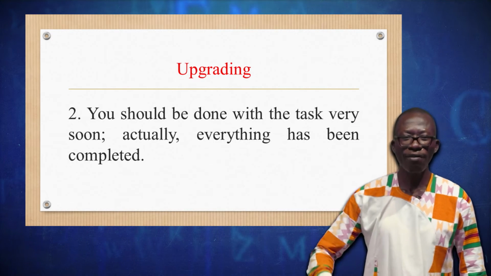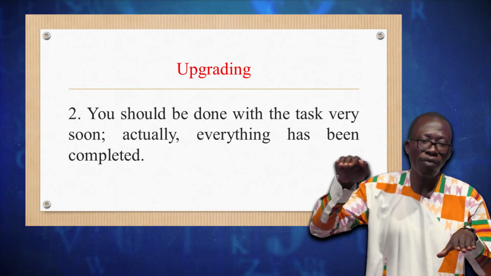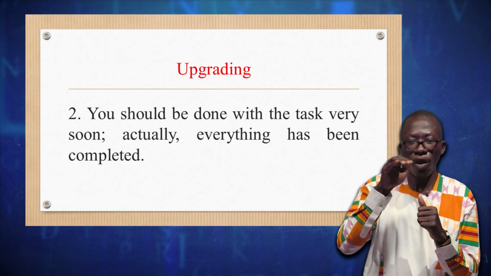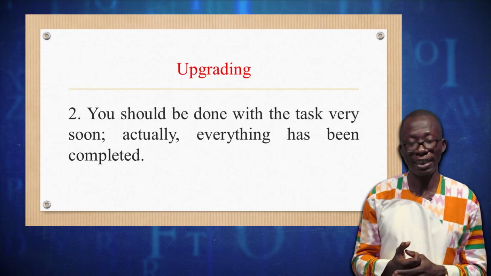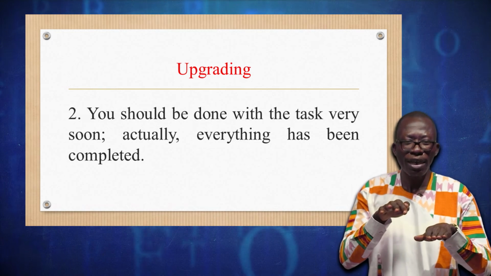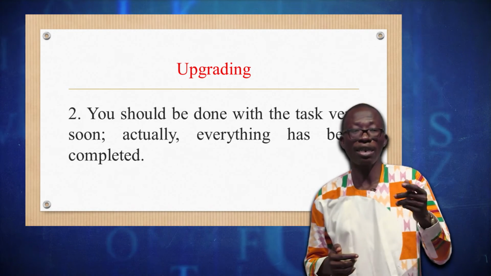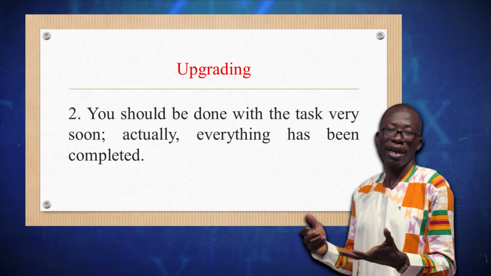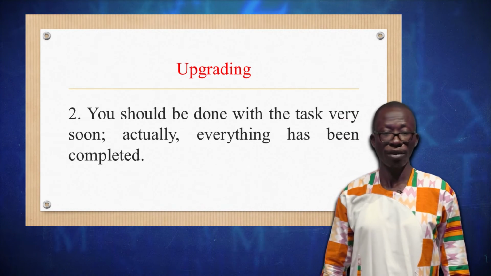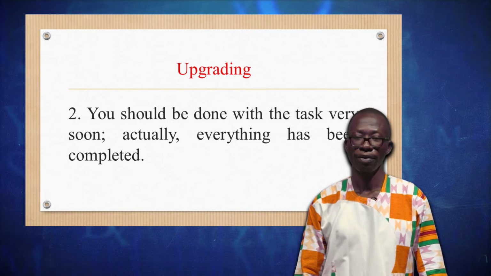But here we have everything has been completed, presenting an upgraded information on the first clause. An information the writer has that in a way is an upgraded information on the first one. It's expected that you should be done with the task. But of course the writer looks around and realizes that there's even nothing to be done. Everything has been completed. So certainly the task should be over.